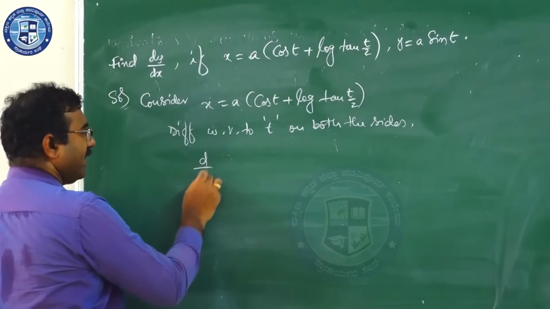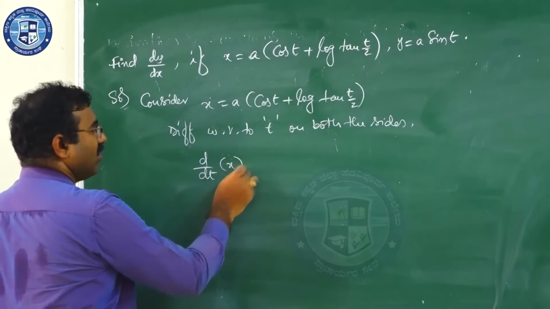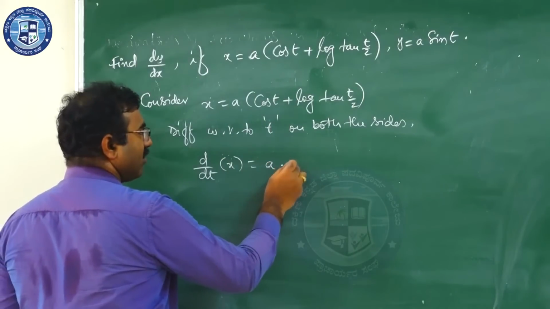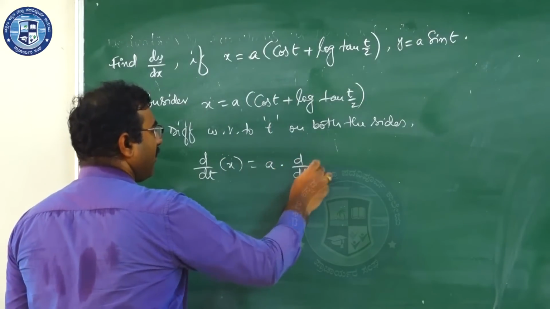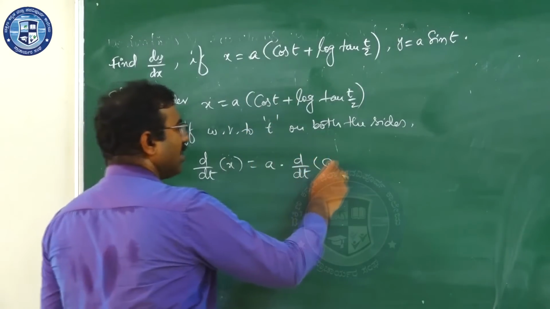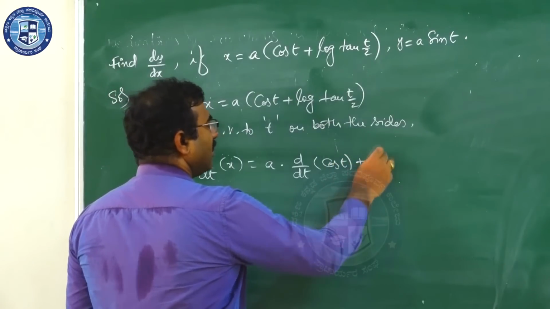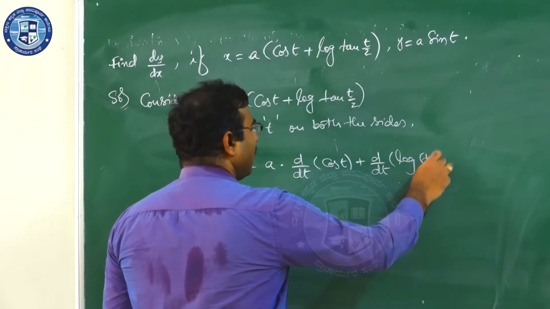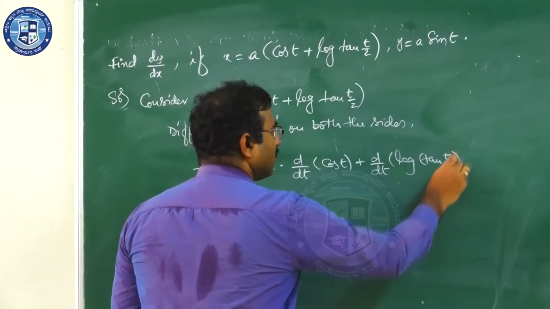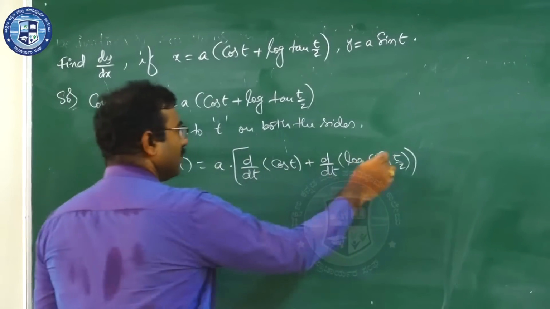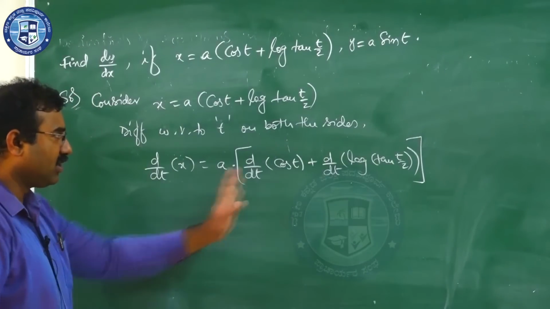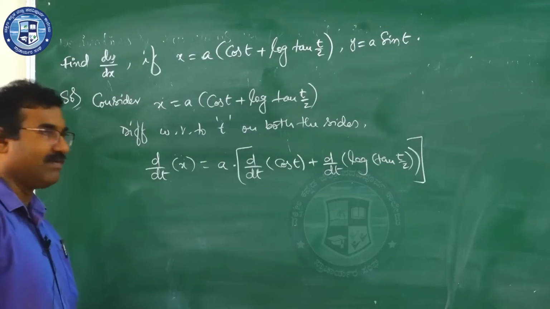Then d by dt of x is equal to a, a fixed constant, into d by dt of cos t plus d by dt of log tan t by 2. We apply the derivative to each individual term.